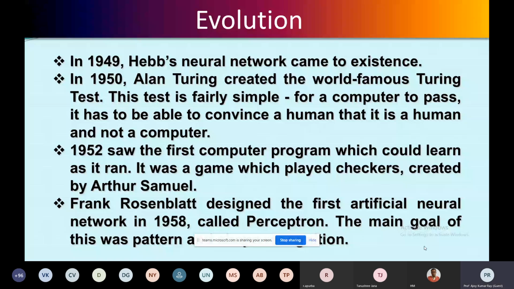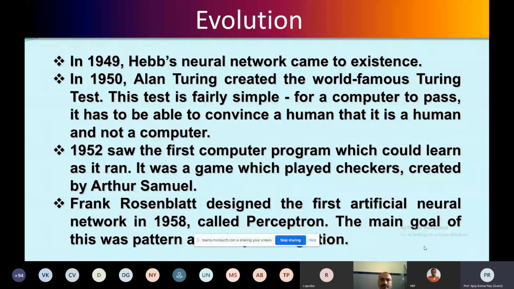Those of you from computer science or electronics or IT background will know Alan Turing's name. And he, for the first time, had talked about the Turing test, a very fairly simple test. That means, how do you know, from a set of questions, whether a computer or a machine, in general, as we call it, or a human being, is a human or a non-human, that is, a computer.